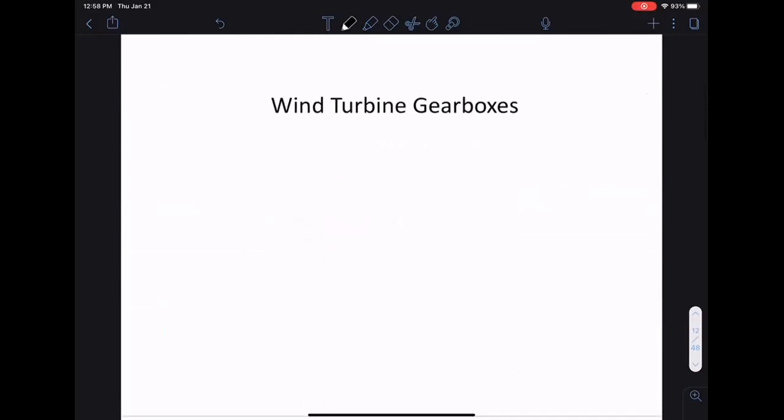To emphasize again, a main thing that makes wind turbines difficult to maintain, and where a lot of innovation is happening, has to do with the gearbox. They contribute a significant amount of weight.